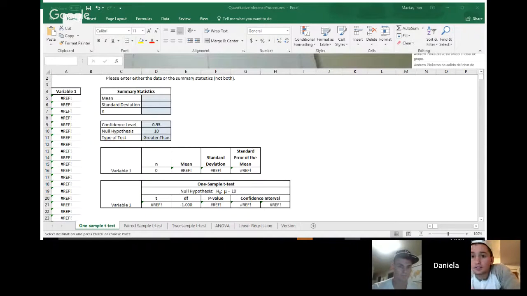So 11.955, that was the difference of the means. Yeah, because you can see in the data, the mean for group 1 was 25.591, and then the mean for group 2 was 13. So you just take the difference, and that's 11.955.